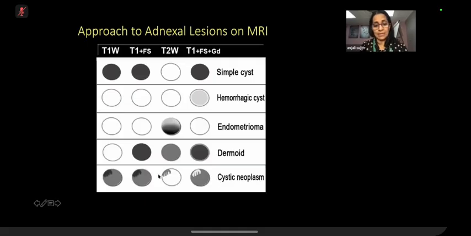A cystic neoplasm can show low or intermediate signal on T1 depending on protein or hemorrhagic content, remaining so on fat saturated image. It will have a solid component visible on T2 with bright surrounding fluid, and the solid component will enhance on post-contrast image. So these T1 fat saturated images are very crucial in coming to a conclusion.